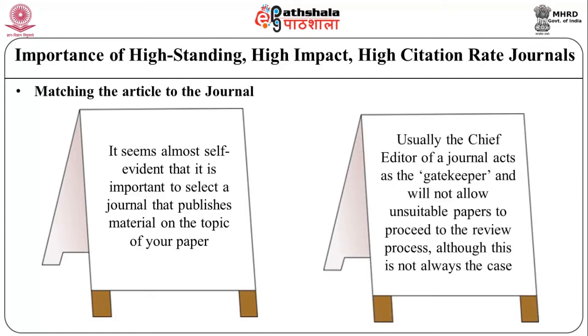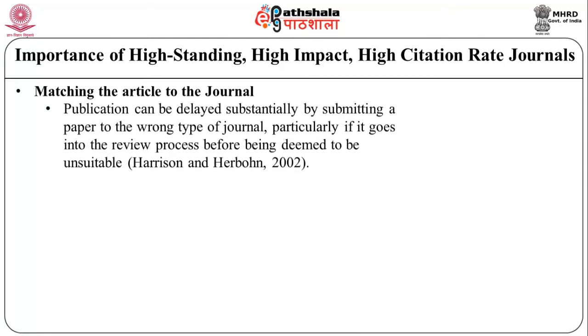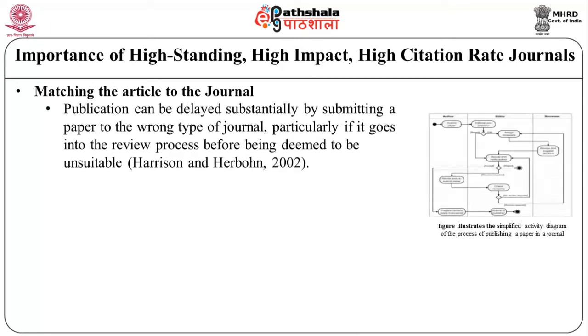Usually, the chief editor of the journal acts as the gatekeeper and will not allow unsuitable papers to proceed to the review process. Although this is not always the case, publication can be delayed substantially by submitting a paper to the wrong type of journal, particularly if it goes into the review process before being deemed unsuitable.